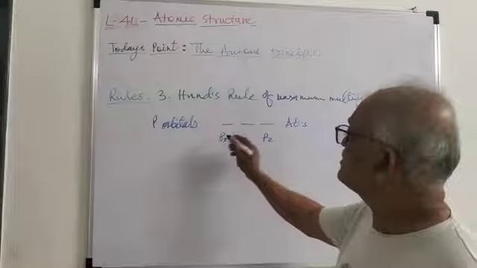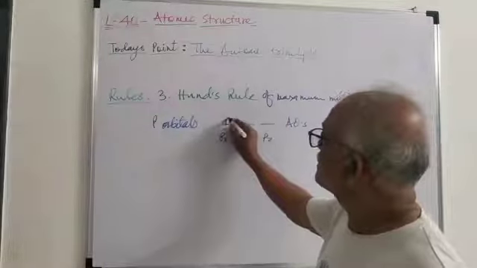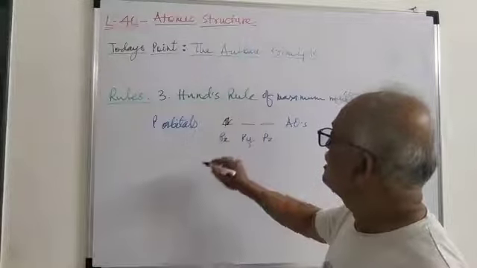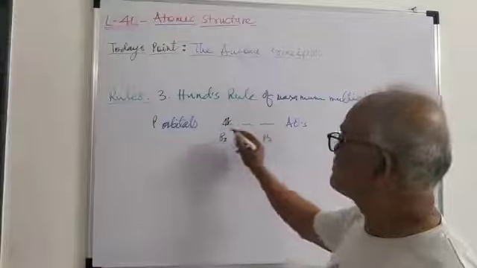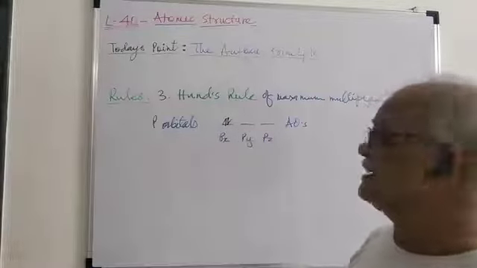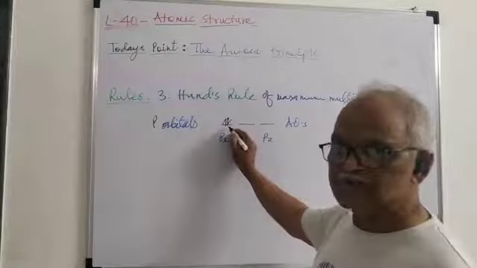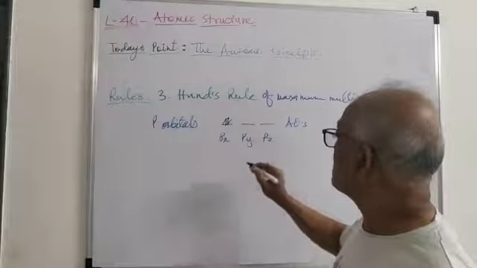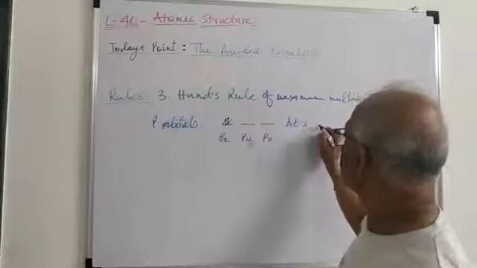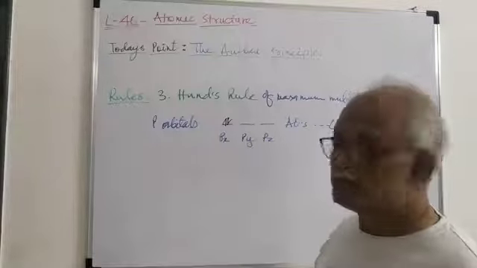Say for example we have two electrons available for distribution in these atomic orbitals. Then there is one type of probability, this is the first probability.